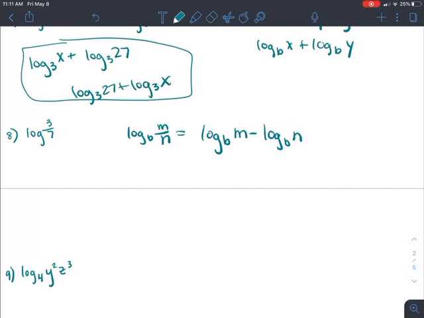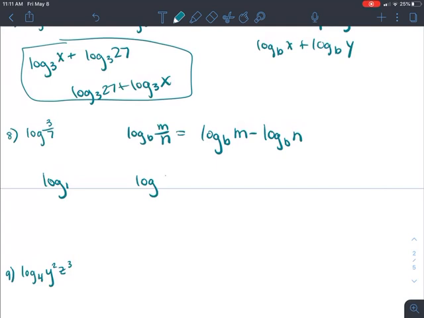Very important that you note that log b m minus log b n is the correct order, not the opposite way around. So I'm going to do log b. My base is 1 here, so I'll just write it as regular log.